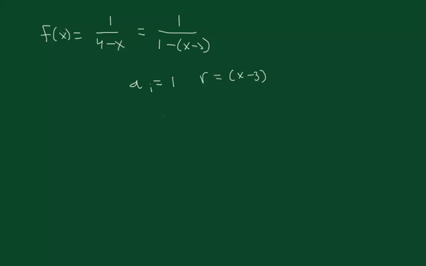Okay, so this will converge for the absolute value of x minus 3 is less than 1. We see here the center of the interval of convergence is 3, and the radius is 1. When we simplify this, we have from 2 is less than x is less than 4 as our interval of convergence. Now if we write out the terms, this is going to be the sum from 0 to infinity of x minus 3 to the power of n.